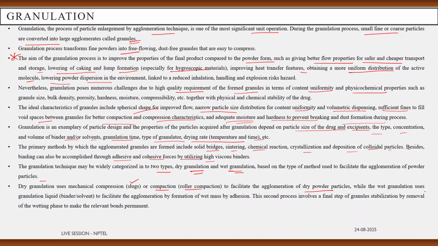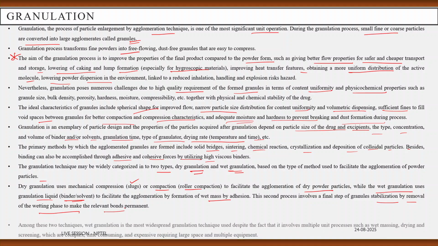While wet granulation uses granulation liquid, that is binders or solvents, to facilitate agglomeration by forming wet mass by adhesion. This second process, wet granulation, involves a final step of granule stabilization by removal of the wetting phase, that is binder, to make the relevant bonds permanent.